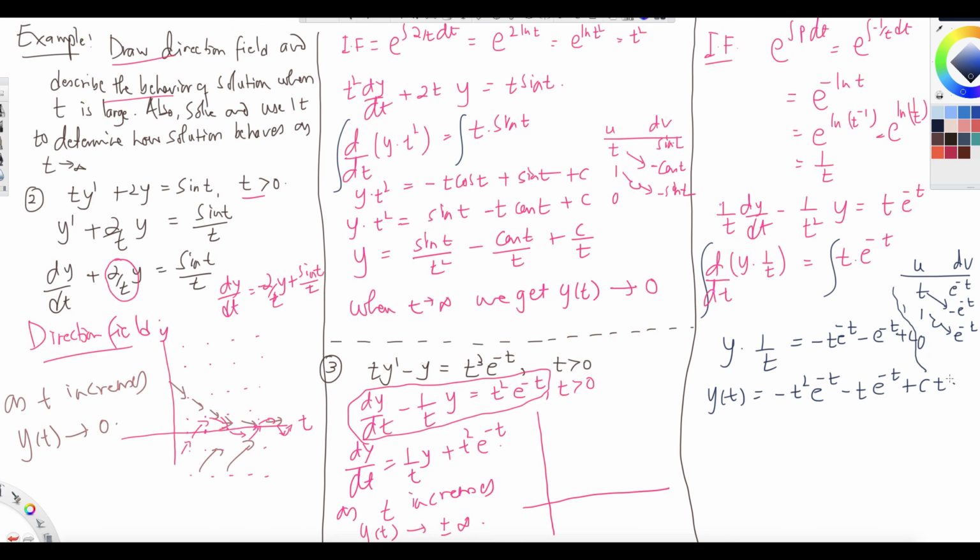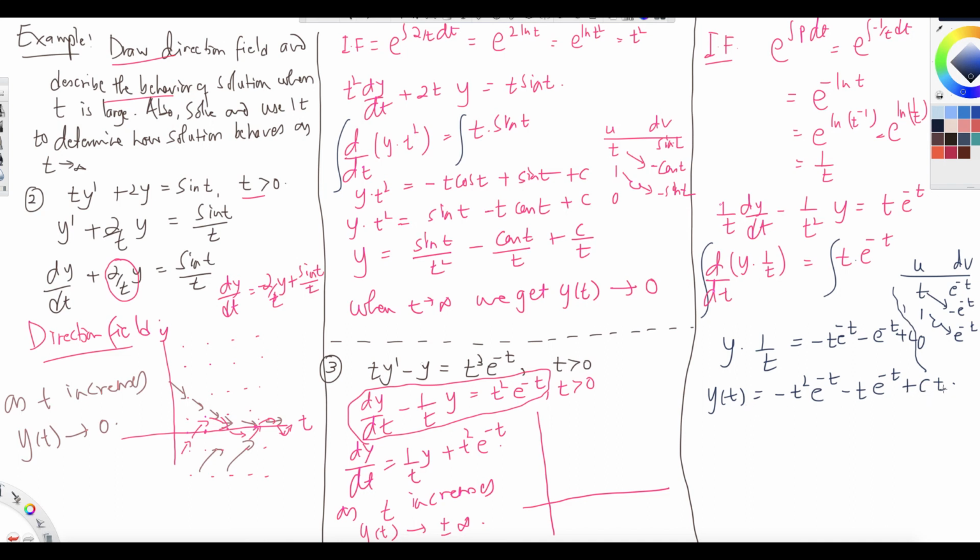Now, if t tends to positive infinity, the exponential goes to 0 faster than t square grows, so those terms will be 0. So y of t depends on c. If c is positive, y of t goes to positive infinity.